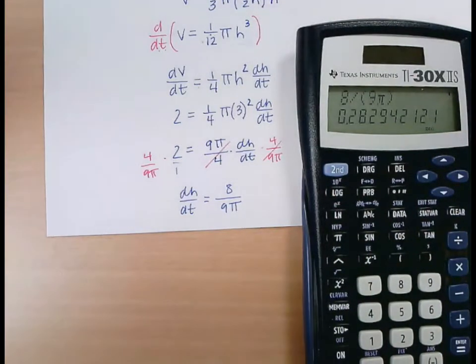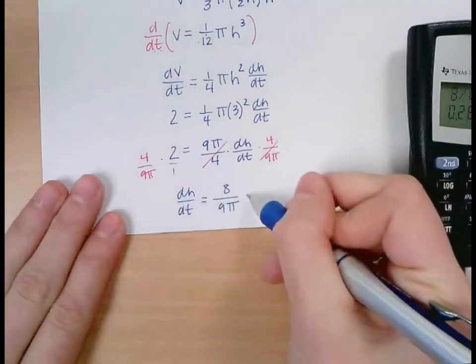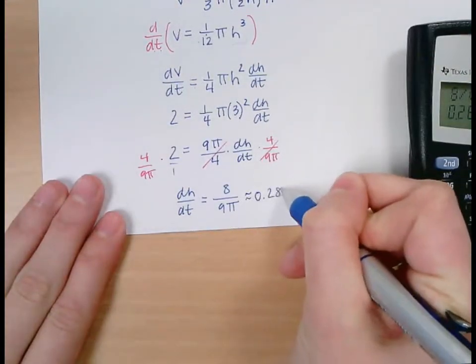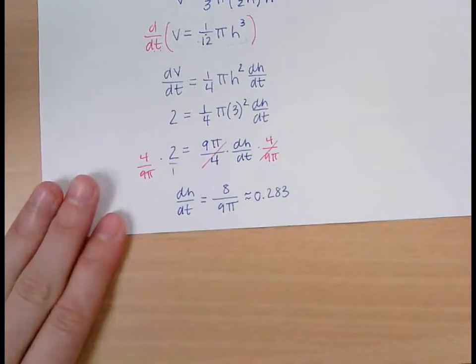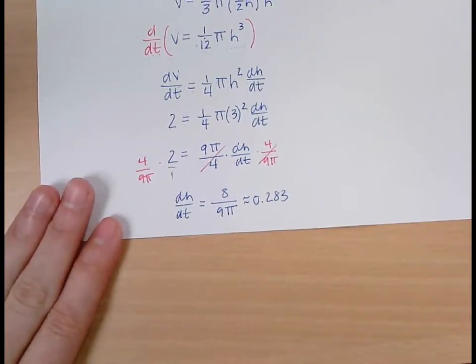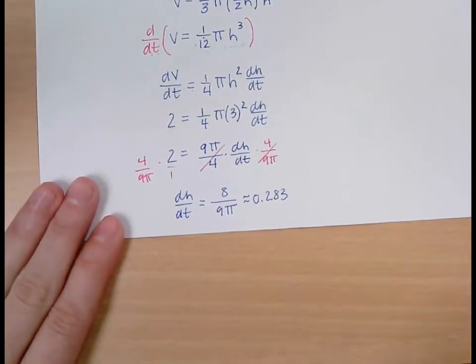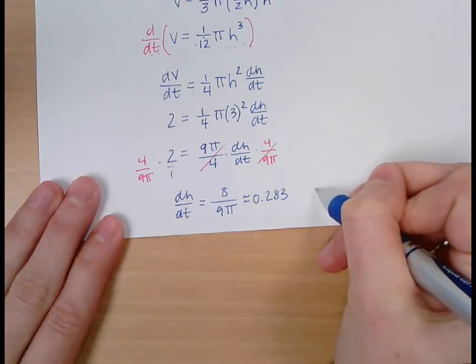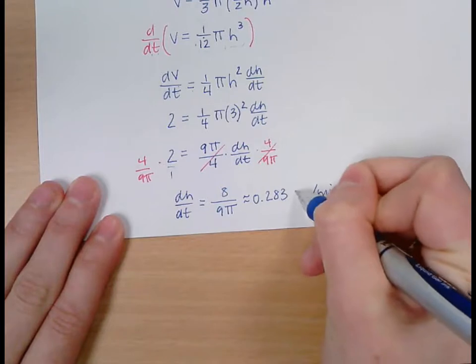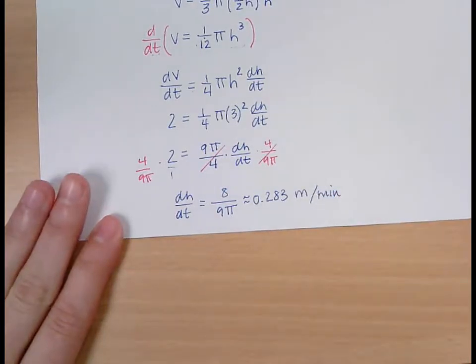So it would be about 0.283. And then what would the units be on the dh/dt? I heard per minute. Meters per minute. Height is measured in meters.